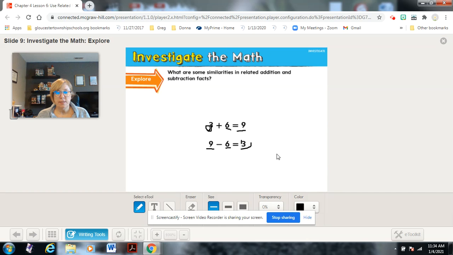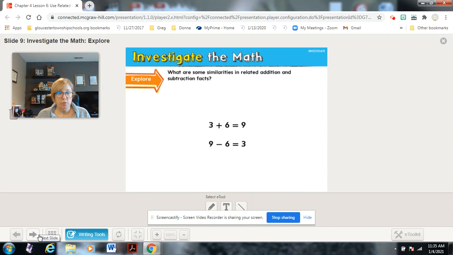So we notice that they have the same numbers in their math sentence. Do they have the same symbol of operation? No, one is plus and one is minus. Very good. So that's the difference, but they do have the same numbers. That's why they're related, because they are using the same numbers.